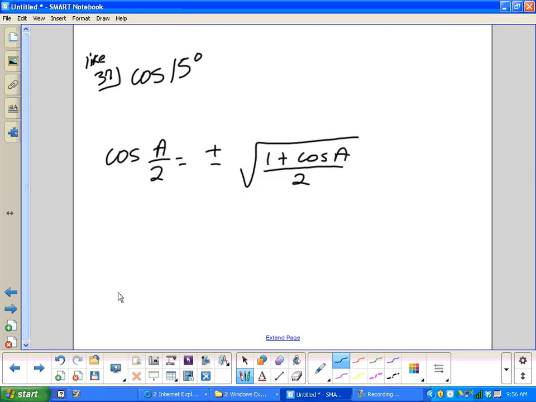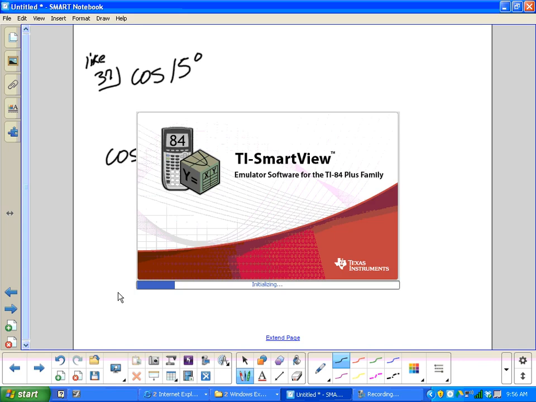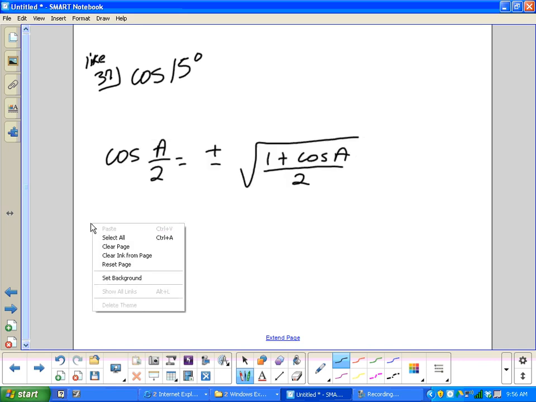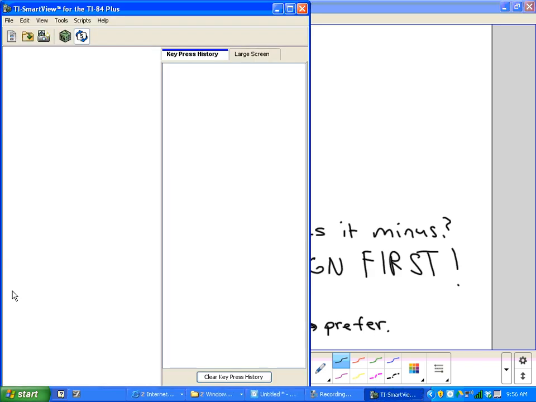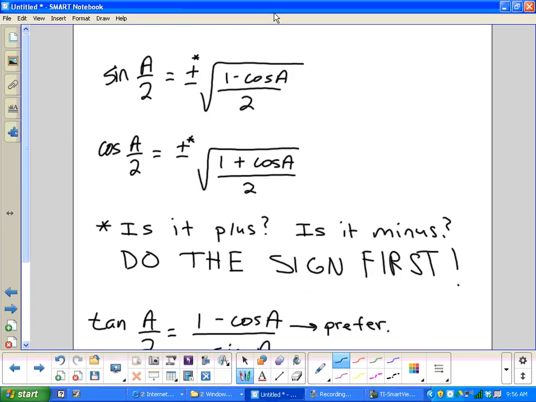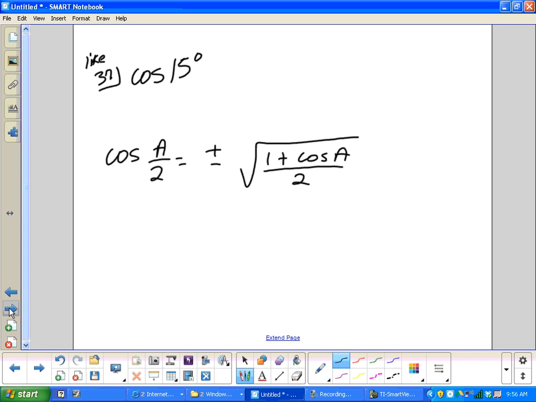All right. So now, first thing, what did I tell you just a minute ago here? Go away, calculator. Figure out the sine, okay? All right, so let's see. Do the sine first. Now, let's look.